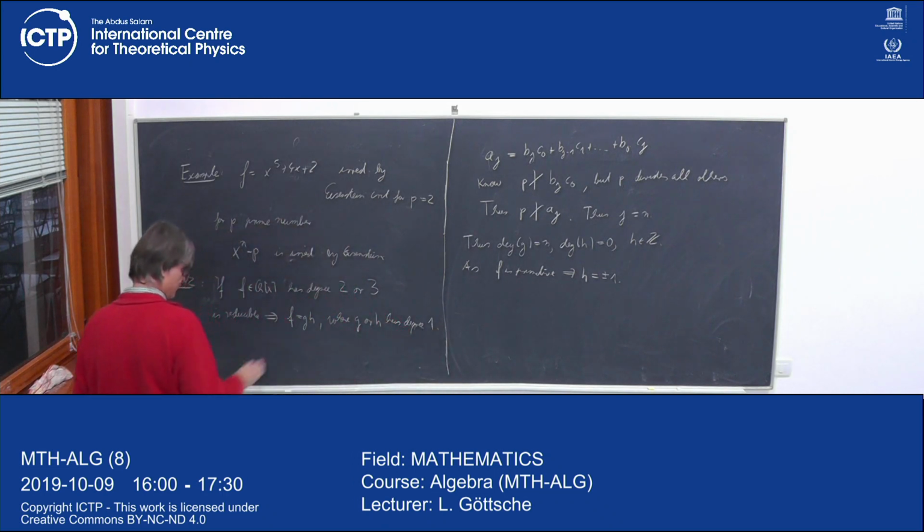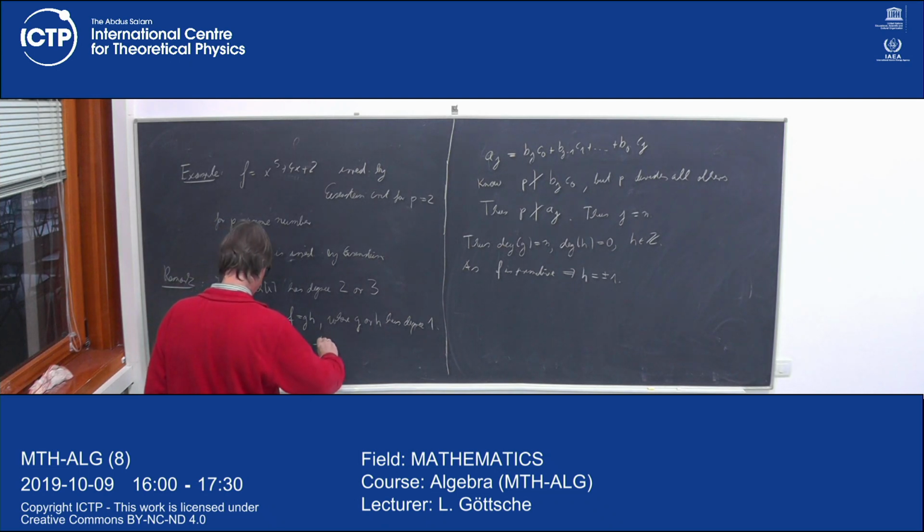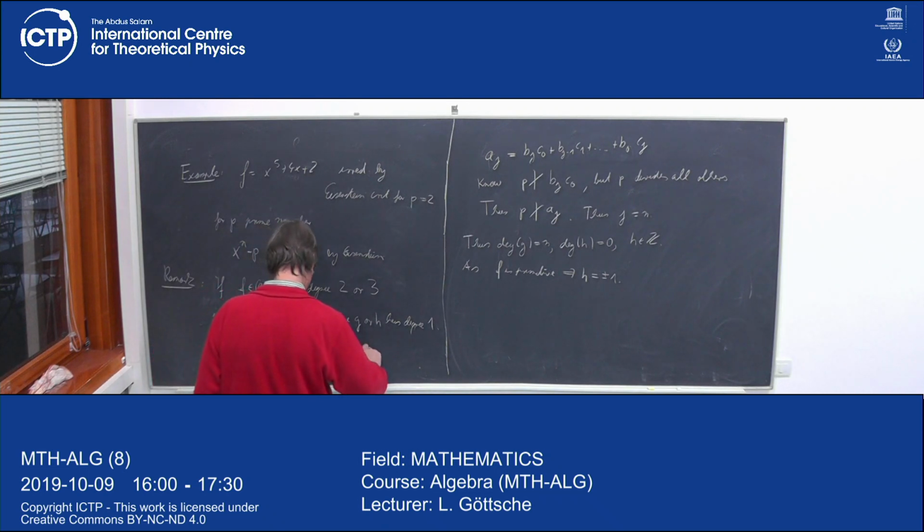So if, for instance, g I can write as ax plus b, then minus b divided by a is a 0 of f.